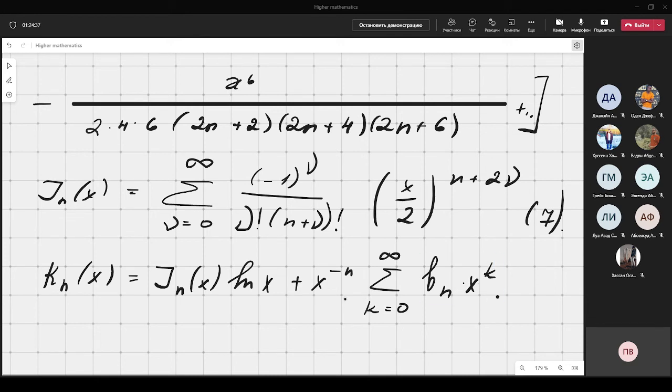Putting this expression into 1, we determine the coefficient b_k. The function K_n of x, with the coefficients thus determined multiplied by a certain constant, is called Bessel's function of the second kind of order n. Write down this.